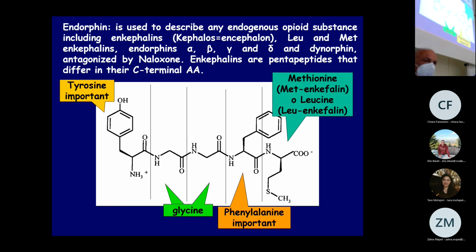And we'll see that these two glycines are only a spacer. They can serve to maintain at the right distance the two aromatic amino acids, tyrosine and phenylalanine.